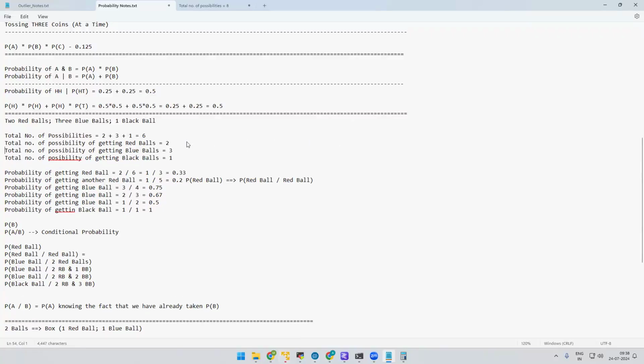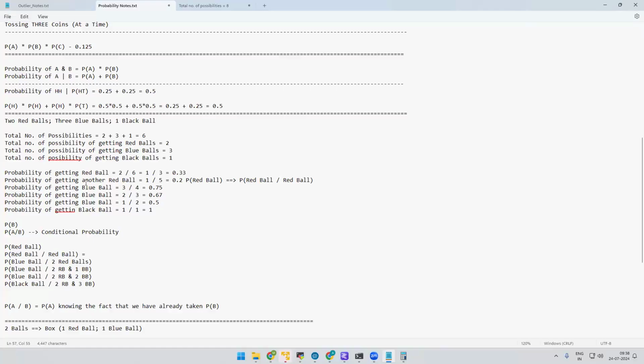I think we can directly jump to probability. Just to sort out the possibilities first: the possibility of each event is 2, 3, and 1 based on the number of balls. Now we need to calculate the probability. The probability of red is 2 by 6, which is 1 by 3, 0.33.